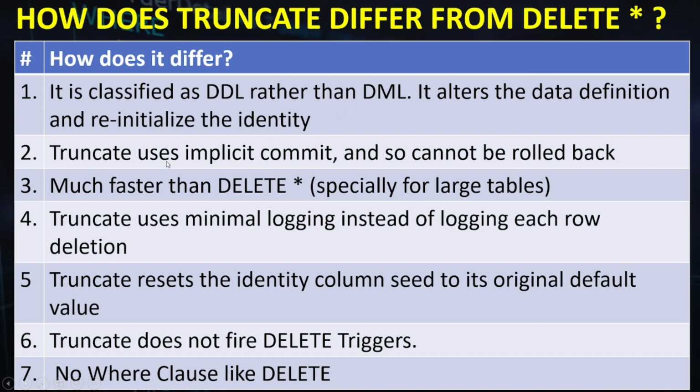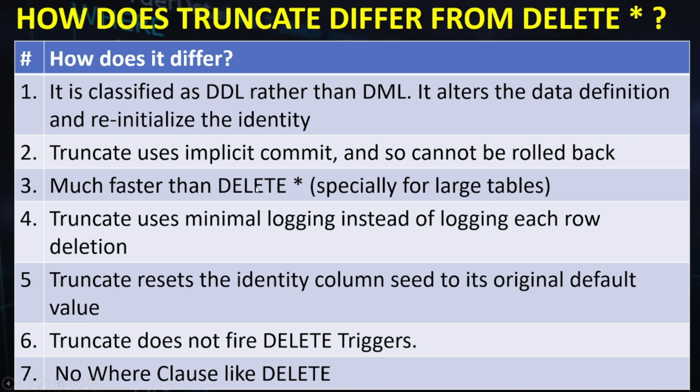When you use truncate, it does an implicit commit. Commit and rollback are two things. If you have committed something, it can never be returned back. Rollback is something that can be returned back. Let's say you've deleted something that you want to retrieve back. If you're using truncate, you can't commit or roll it back, but that can be done with delete.